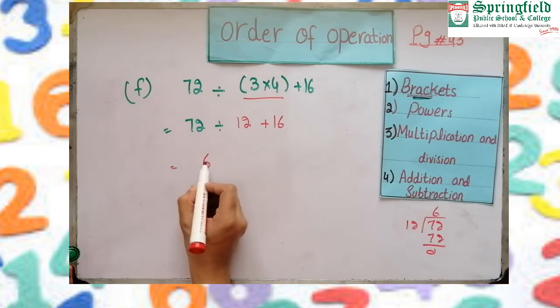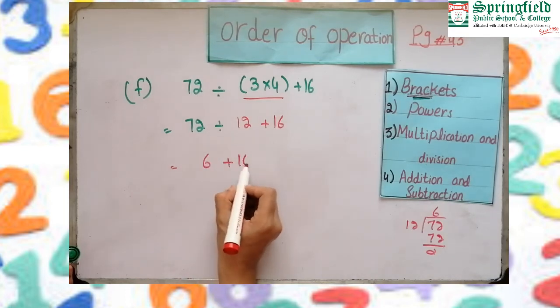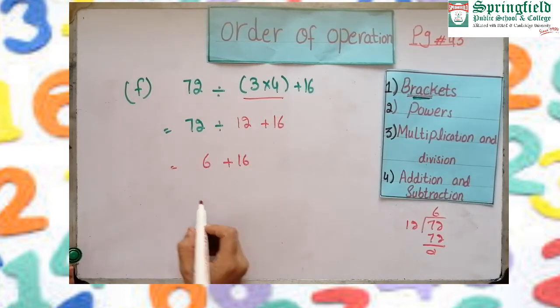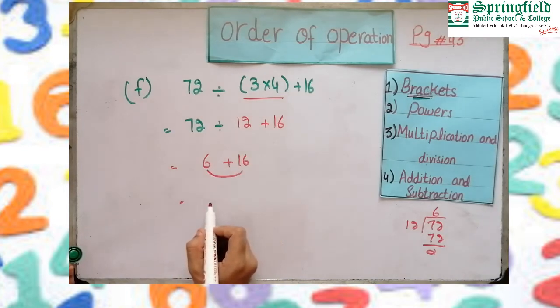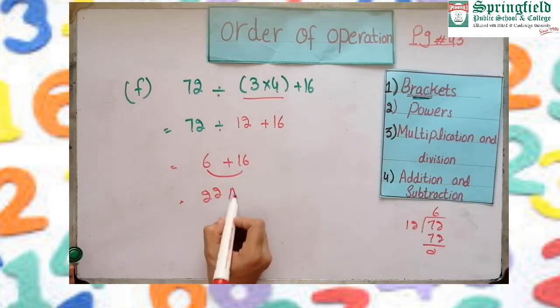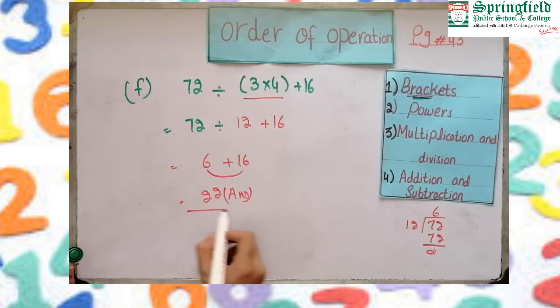So it means 6 plus 16. And at the end, when we add 16 plus 6, what will be the answer? 6 plus 6 is 12, and 1 plus 1 is 2. 22 will be your final answer. Understood, beta? Okay.